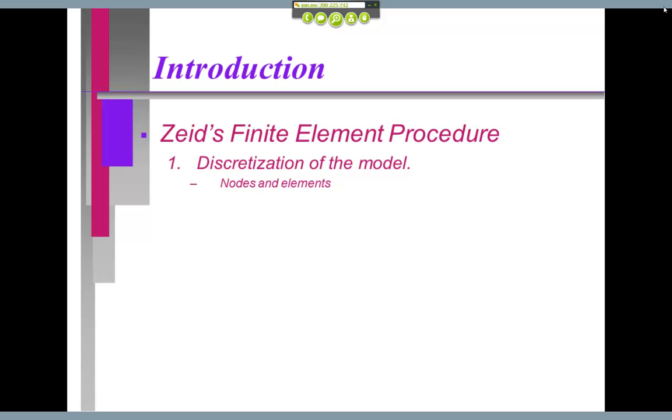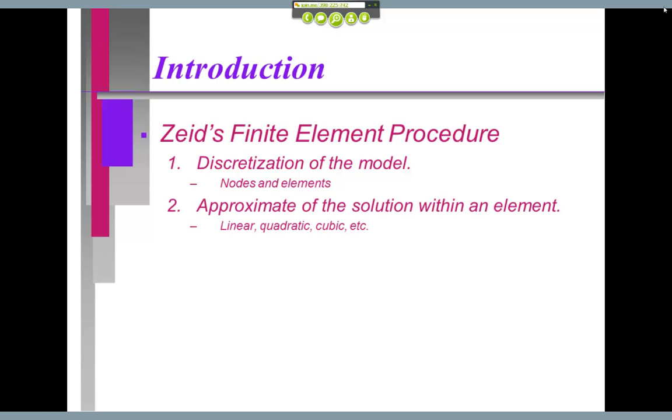There's this section that deals with discretization, where it's basically breaking it up into elements and nodes. There's a section that deals with the approximate solution for a single element. So there's this generalization to an element. The element is either linear, quadratic, or cubic, or it goes even higher than that, but generally it's one of those three.